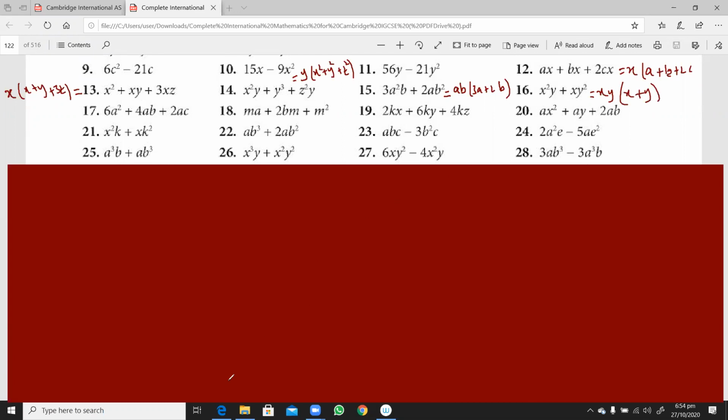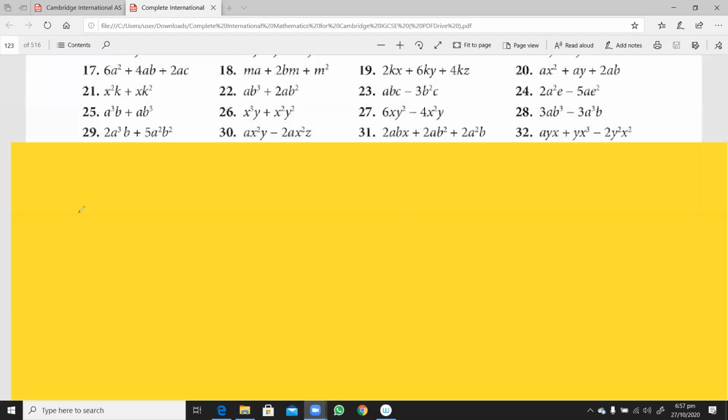Okay, I give you 2, 3 more minutes to try them, and then I'll ask. Yes, Mustaqim, tell us, how did you do the 17th one? 2a into 3a plus 2b plus c. Okay, yes, that's right. Yes, Ayan, 18th.